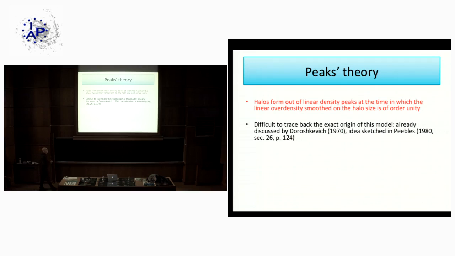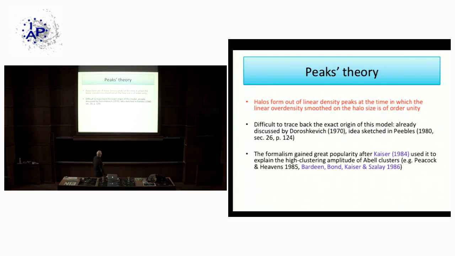In Peebles' book, The Large Scale Structure of the Universe, it is mentioned on one particular page, but no one refers to anything before. So I don't know if that was the start or it was so obvious that no one had to mention it. But it became very popular when Nick used the idea to explain why clusters of galaxies had higher clustering amplitude than galaxies.